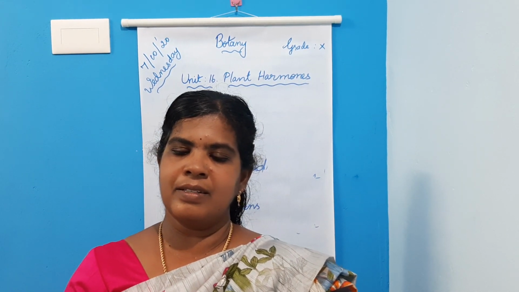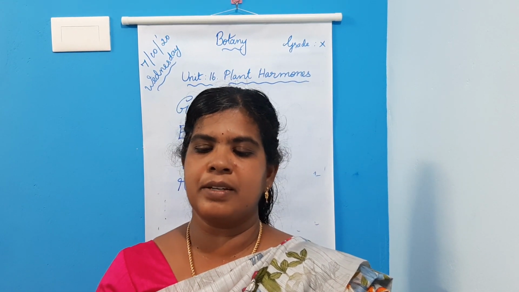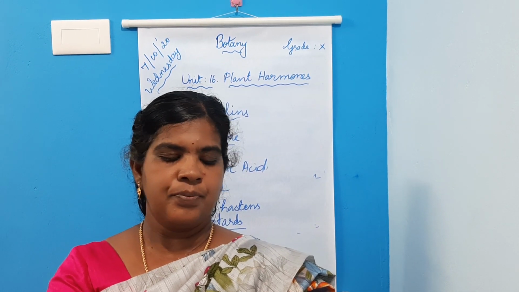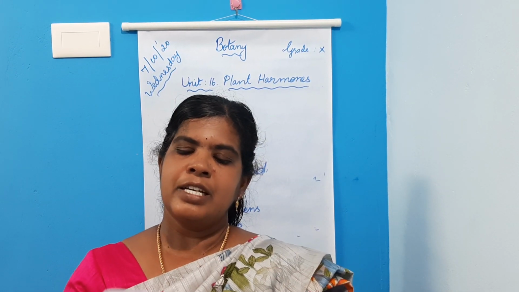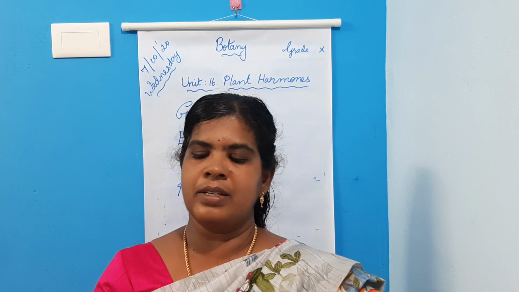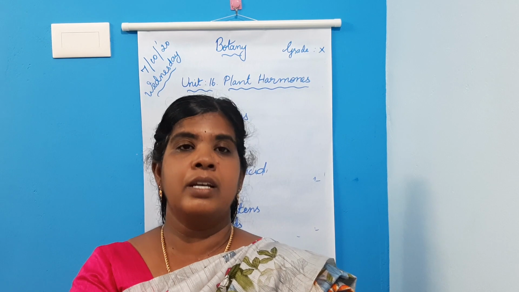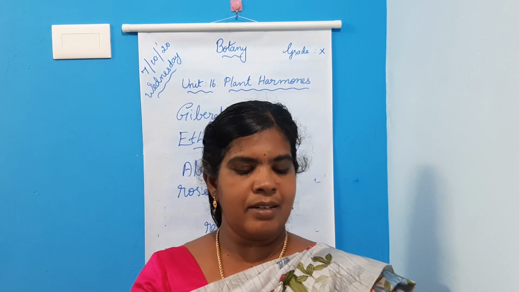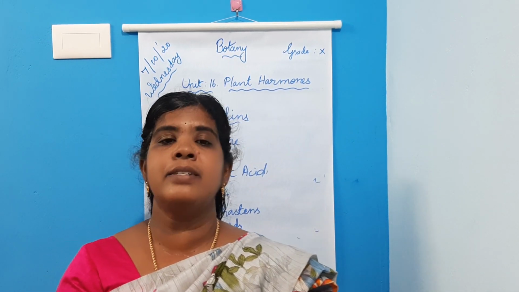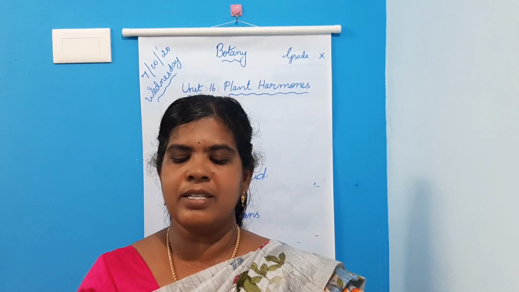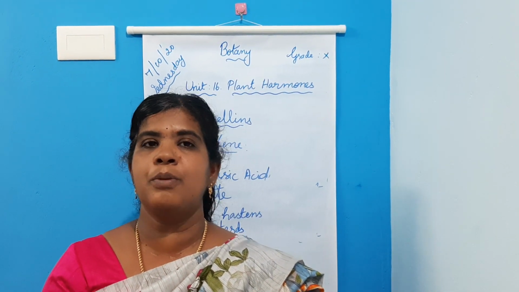It is under the heading physiological effects of gibberellin, second point: treatment of rosette plants with gibberellin induces sudden shoot elongation followed by flowering. This is called bolting. For the question, what is bolting? You have to write: sudden shoot elongation followed by flowering is called bolting.